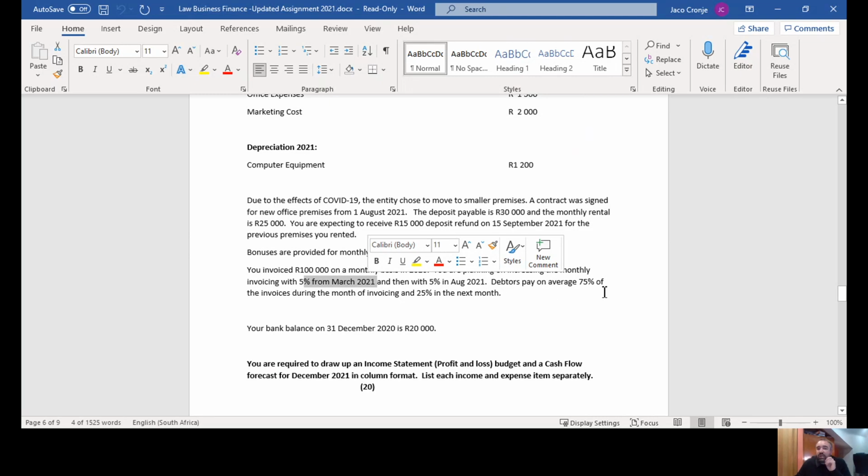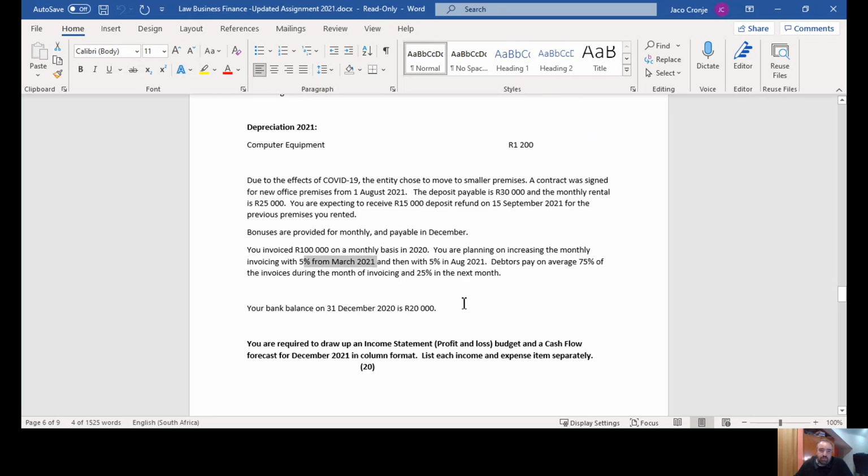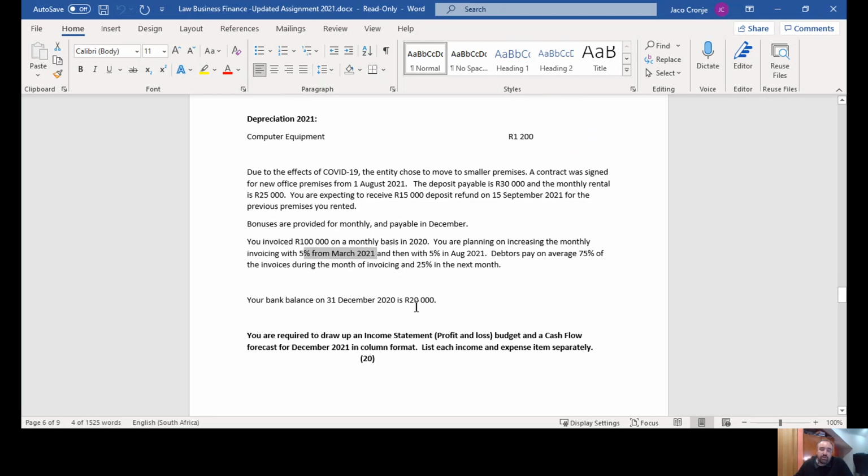Okay, and then debtors pay on average 75% of the invoices during the month of invoicing. So again, different from our training example. In the month where you write the fee, 75% of the cash flow will come in on the same month and 25% in the next month. Okay, then your bank balance on the 31st of December 2020 is 20,000 Rand.